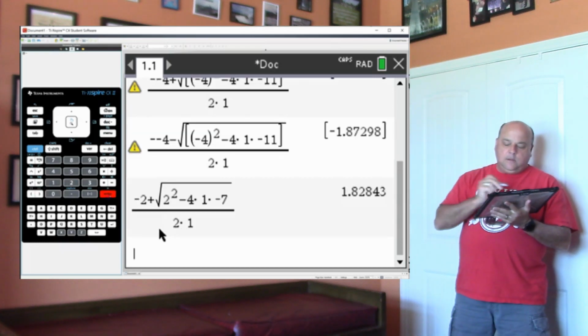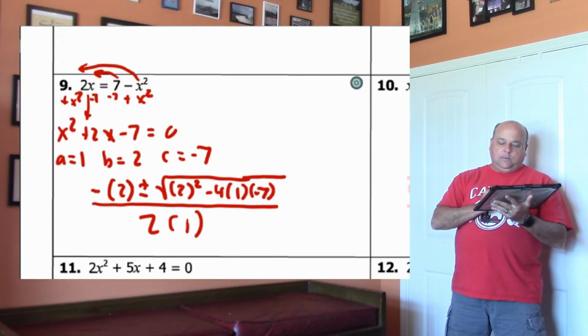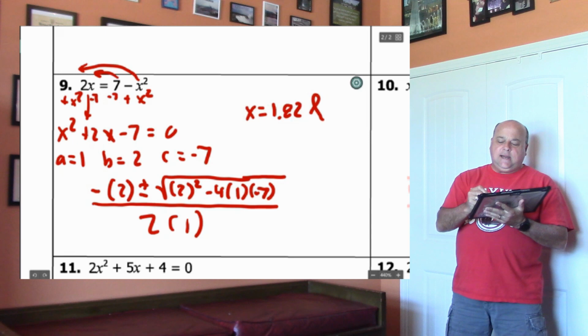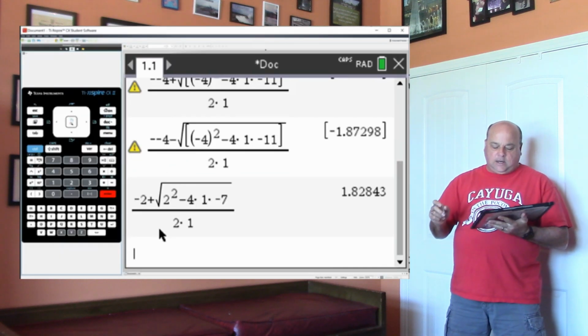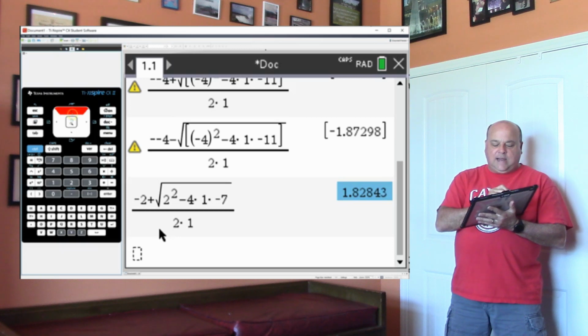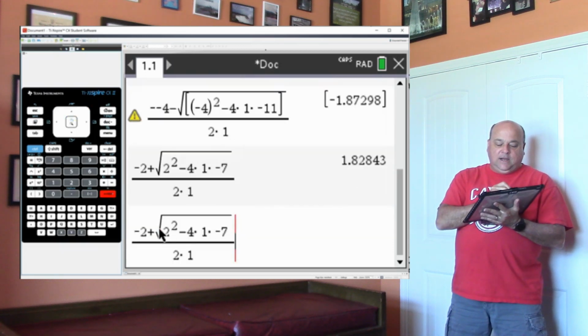Hit enter, and you get 1.82, okay? So I'm going to go back here and put x equals 1.82, and I'm going to go back to the calculator, hit the up, enter. So if you hit up, it goes to the answer. If you hit up again, it goes to that problem. Hit enter, and then I think on yours you could use a cursor to go to it.